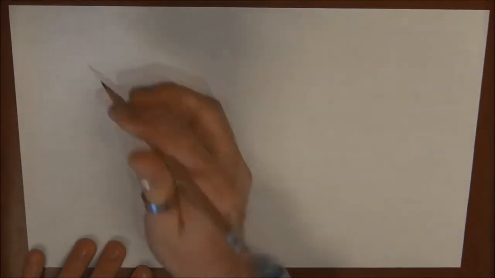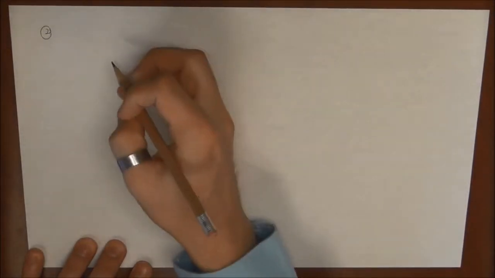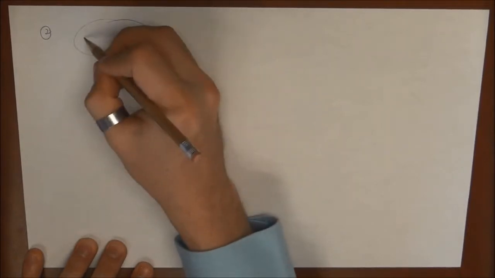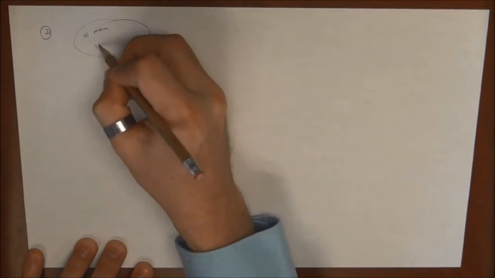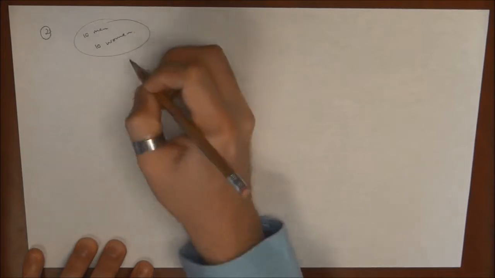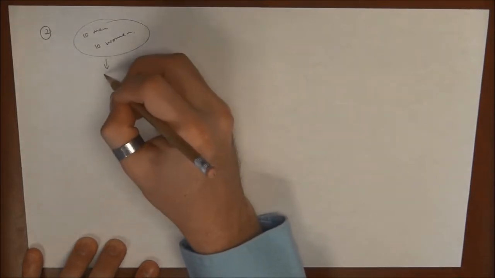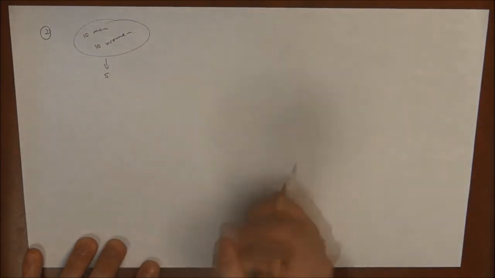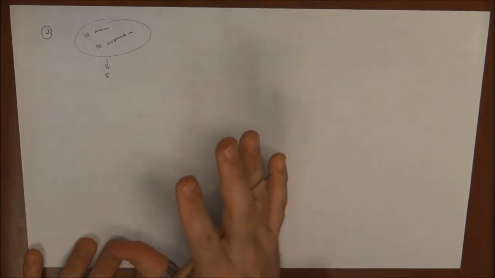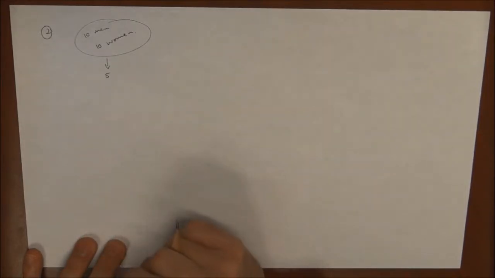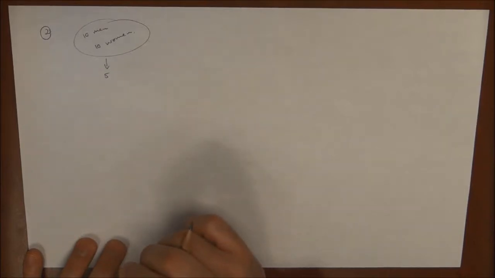So now I have to look at number 2 and say, okay, I have a collection of 10 men and 10 women. I need to select 5 of them. Just make a selection. There's no mention of arranging or anything. But I have to have more men than women.